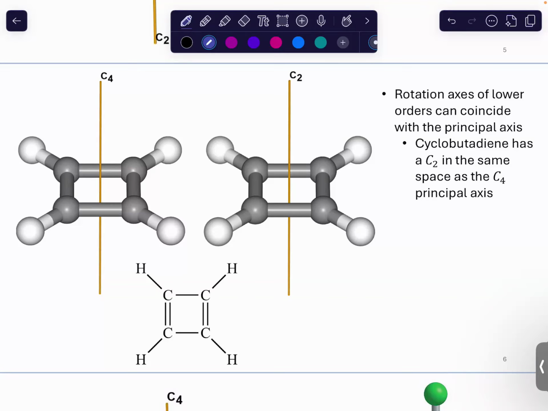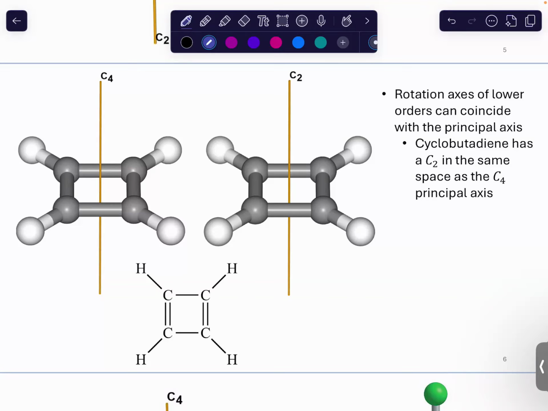Your principal rotation axis is your C4, because if I rotate this 90 degrees, I get the exact same molecule back. But on top of that is also a C2, because if I rotate it 180 degrees, I get the same molecule back. So you can have multiple rotation axes incident upon each other.